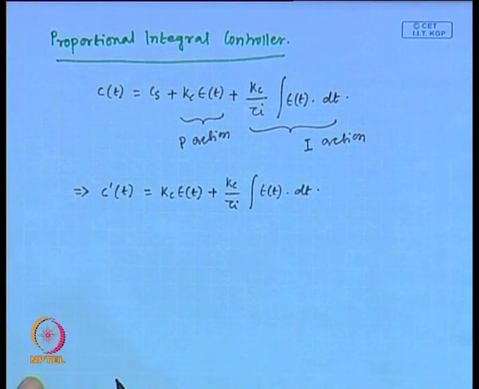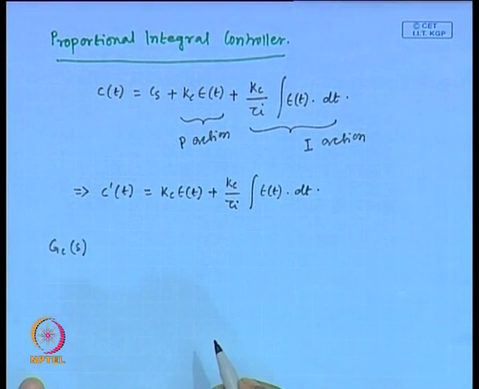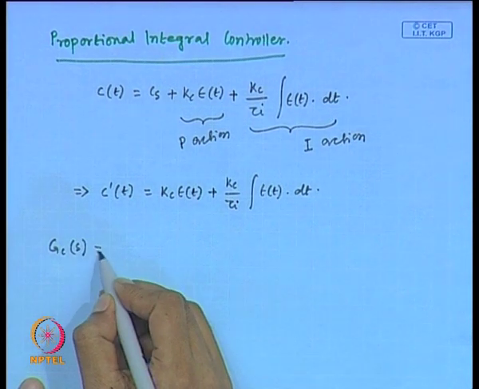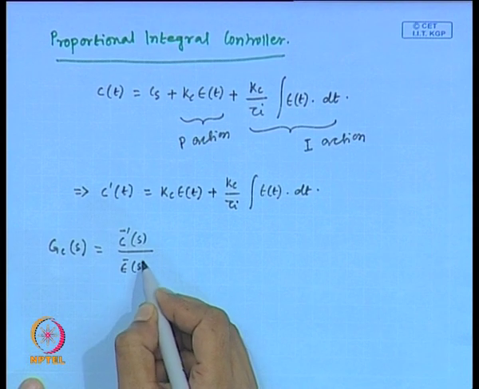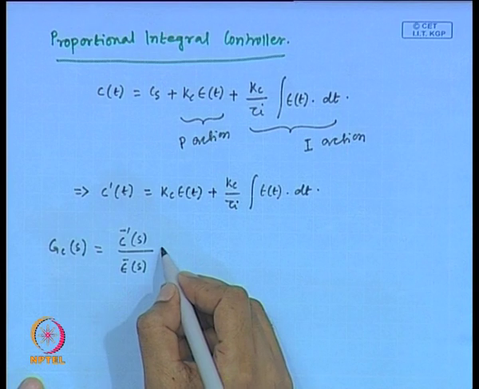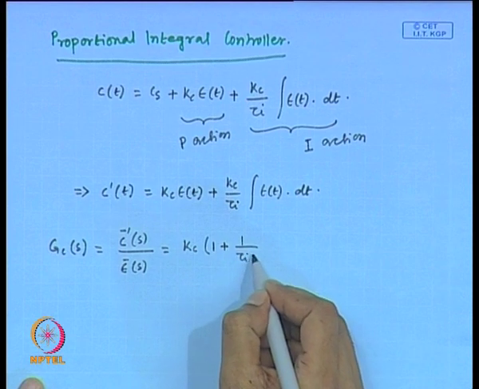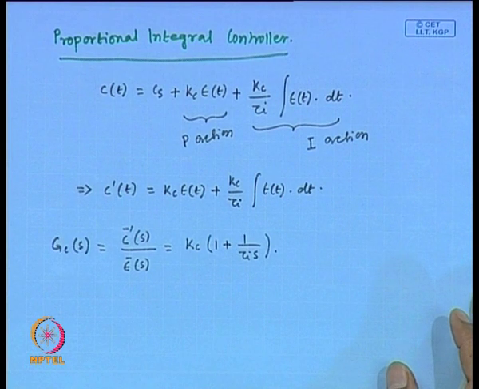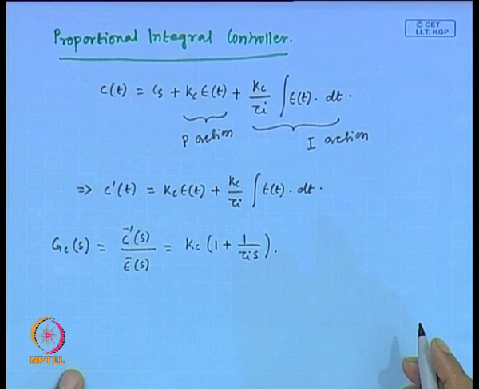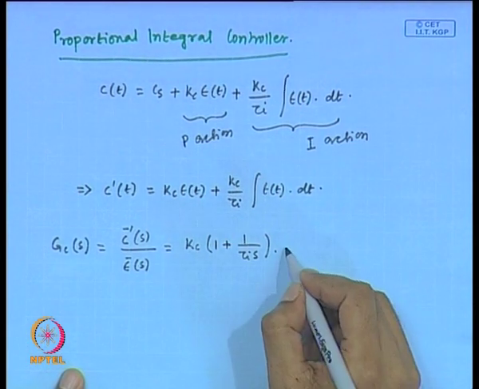By taking the Laplace transform and rearranging, we obtain the transfer function as Gc(s) equals C bar prime(s) divided by epsilon bar(s) equals Kc times 1 plus 1 divided by tau I s.